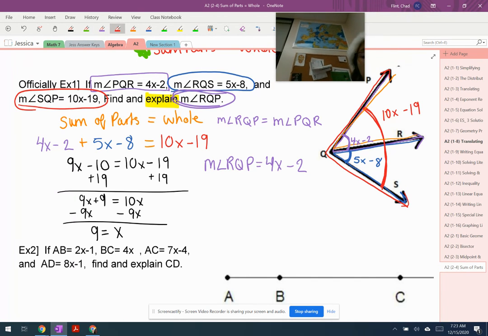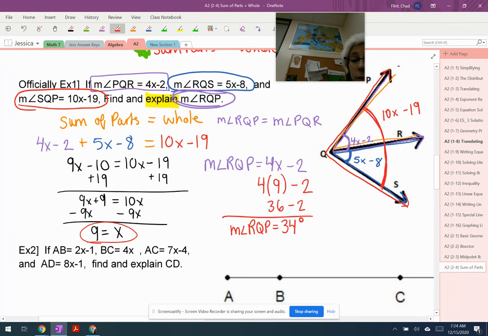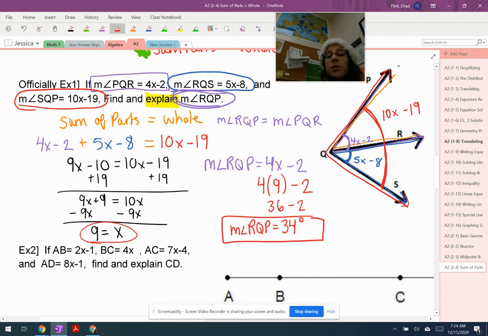And I now know that x is equal to 9, so I'm going to use that. 4 times 9 minus 2. 9 times 4 is 36. 36 minus 2 is 34 degrees. So the measure of angle RQP is equal to 34 degrees.